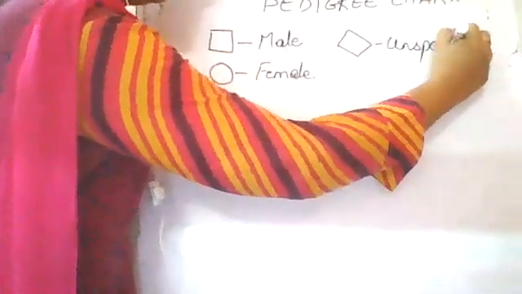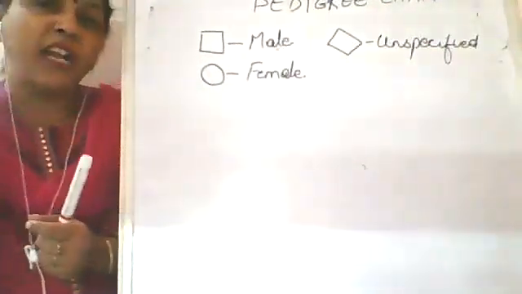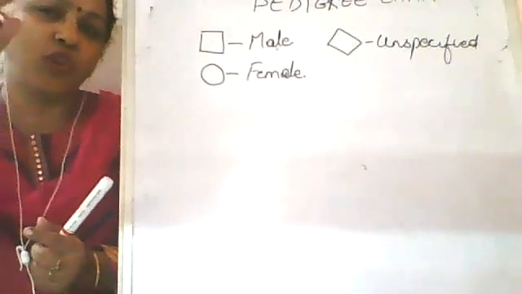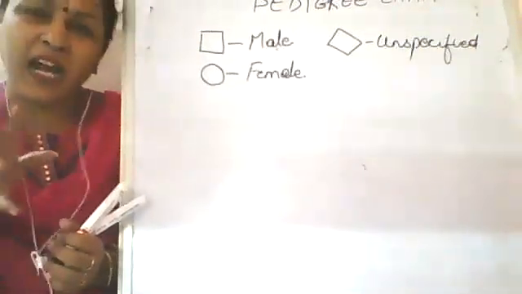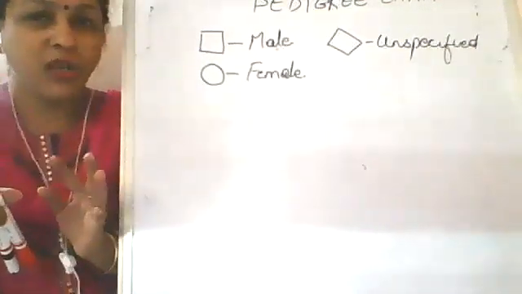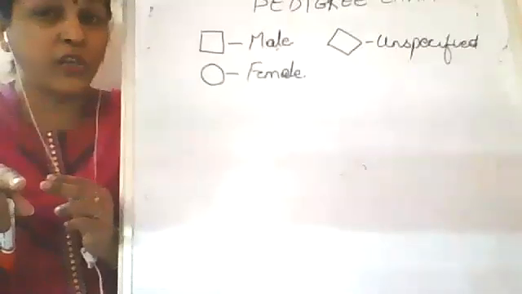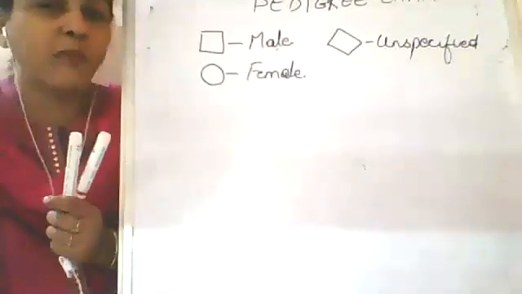Now what do you mean by unspecified? How can it be unspecified? Suppose your great grandfather had 4 children and your father does not remember exactly: 3 were sons and 1 was a daughter, I'm not sure. Maybe 2 sons and 2 daughters. I know 2 were sons, the remaining 2 were sons or daughters, I'm not very sure.